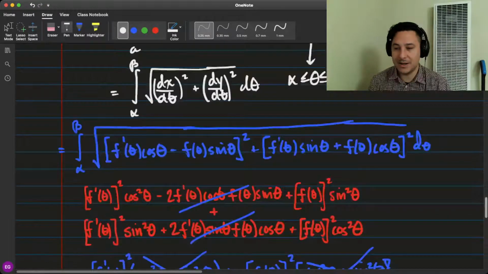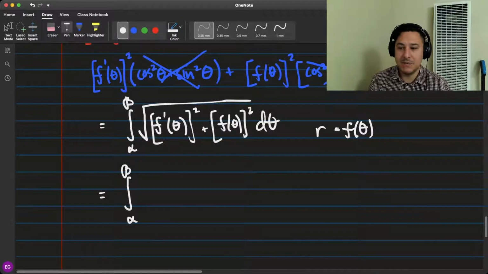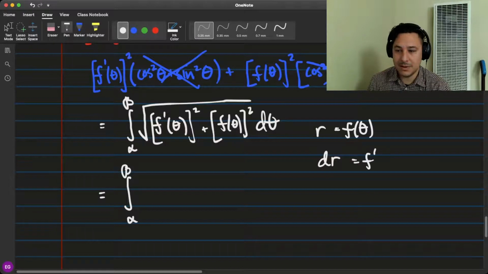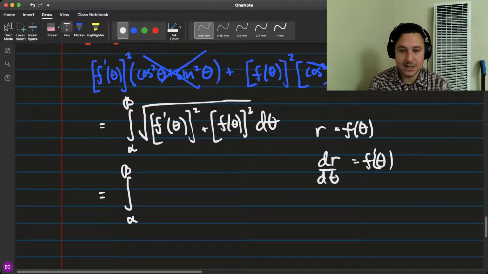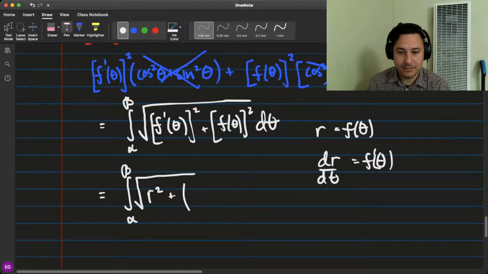F of theta is r, which means f prime is dr d theta. So what you can rewrite this as is the square root of r squared plus dr d theta squared, d theta.